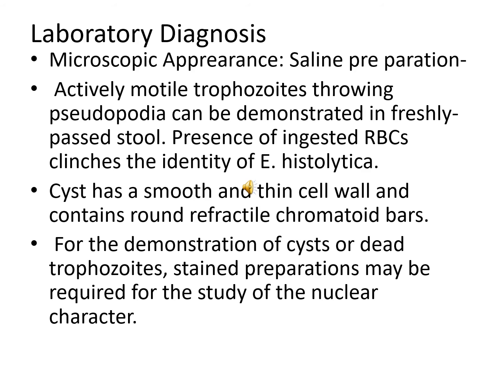You search for motile trophozoites with throwing pseudopodia, that is, actively motile trophozoites, and the trophozoite has ingested RBCs. Next, you search for cysts. Except for the pre-cyst, you can identify both trophozoite and cyst in the sample. The cyst has smooth, thin walls and refractile chromatin bars.